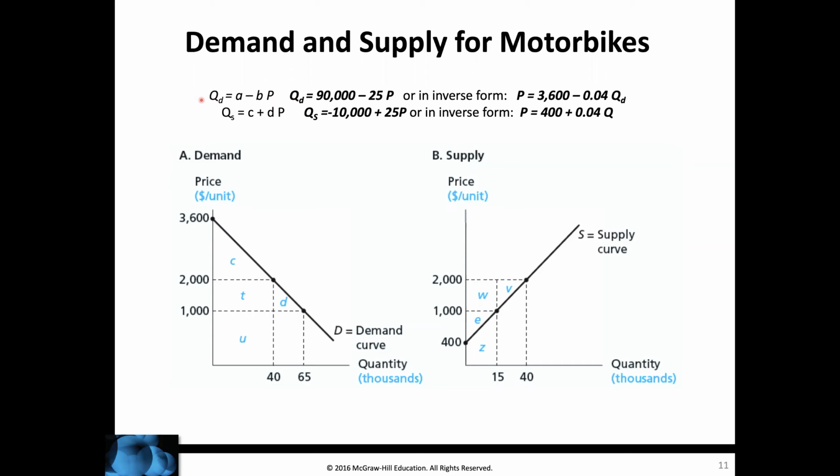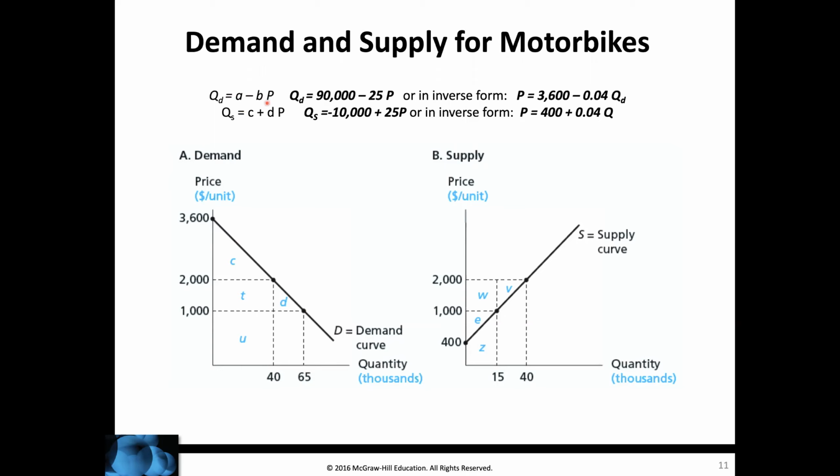So this is the quantity demanded equals A minus B times P. So A is our x-intercept. That's what the amount demanded would be if the price was 0. And that has to do with the other inputs not related to price. B is the slope of this line, and that determines how elastic or inelastic it is.